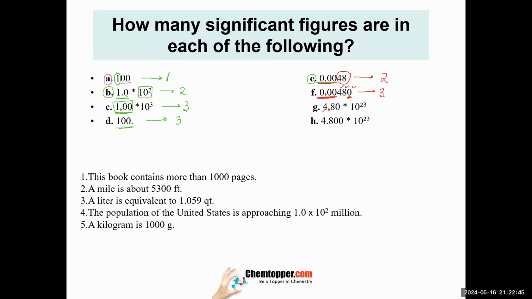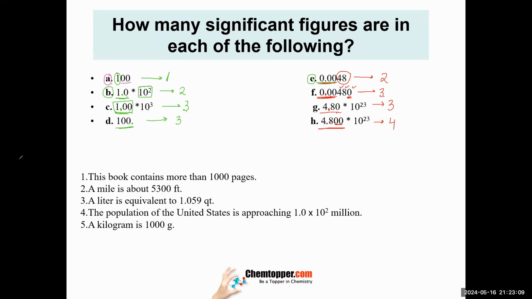In this number, there is a decimal. So trailing zeros counted. So how many sigfig in this? 3. In this number, how many sigfig? 1, 2, 3, 4. These zeros are counted because there is a decimal like this.